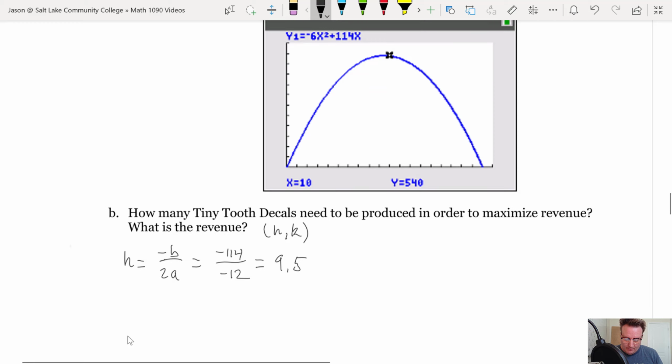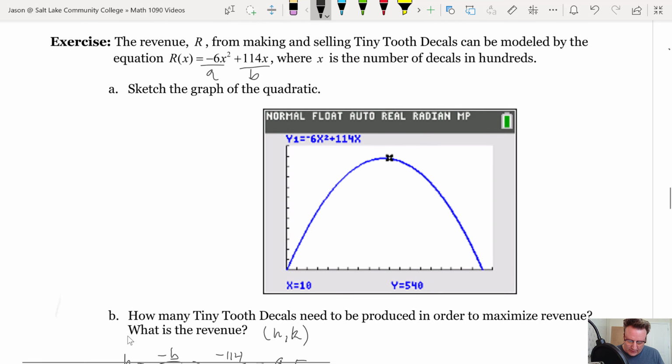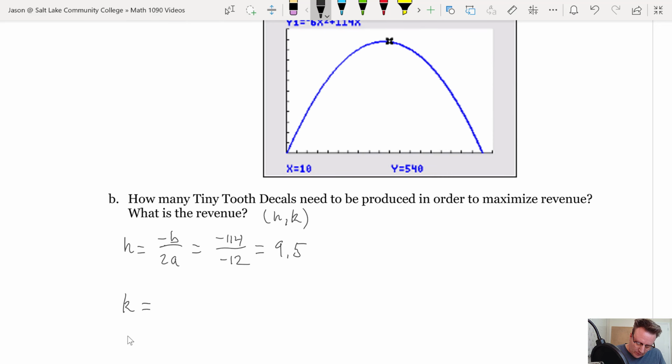But what is that highest point? Well, to get k, we have to evaluate our function at h. Our function is revenue, so we want to evaluate R at 9.5.